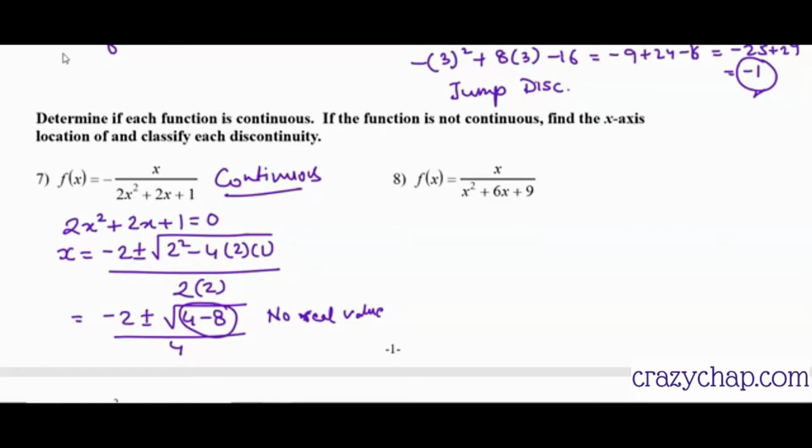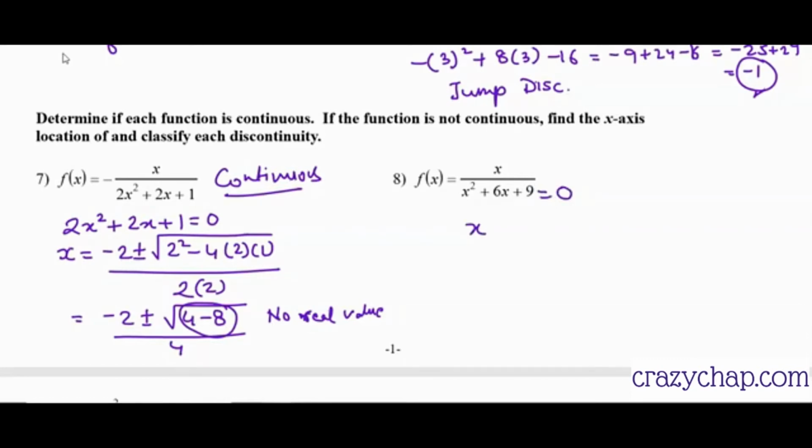Again, we will apply the same concept. We'll first check whether we have any common factors between numerator and denominator or not. So there is no common factor, so there is no removable discontinuity at all. Let's check whether the denominator is 0. So let's make the denominator equal to 0 and we'll try to find the value of x.